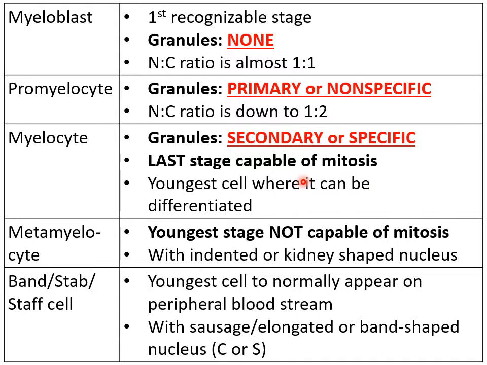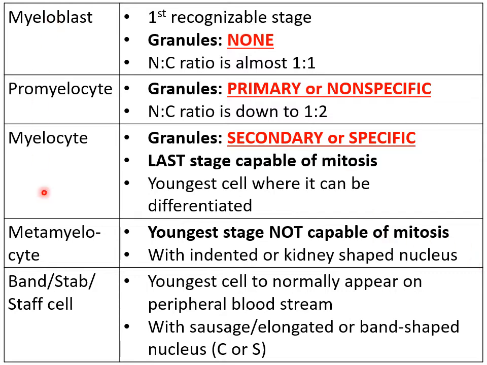Okay, in terms of mitosis naman, ito ang last stage na kayang mag-cell division ng WBCs. Ang hindi na kaya is yung metamyelocyte. Sa metamyelocyte din, paki-take note that it has indented or kidney-shaped nucleus.